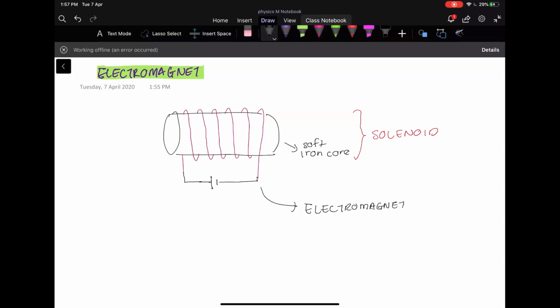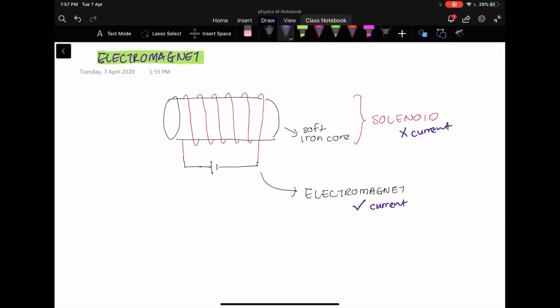A solenoid is just a wire coiled around an iron core, with no current flowing through the coil. But when you make a current flow through the solenoid, we call it an electromagnet. In an electromagnet, the iron core now acts as though a magnet.